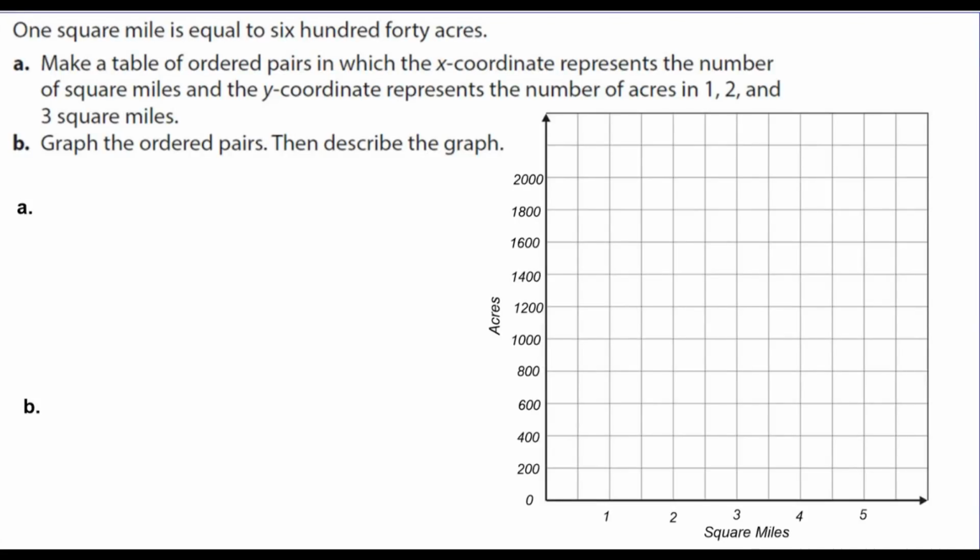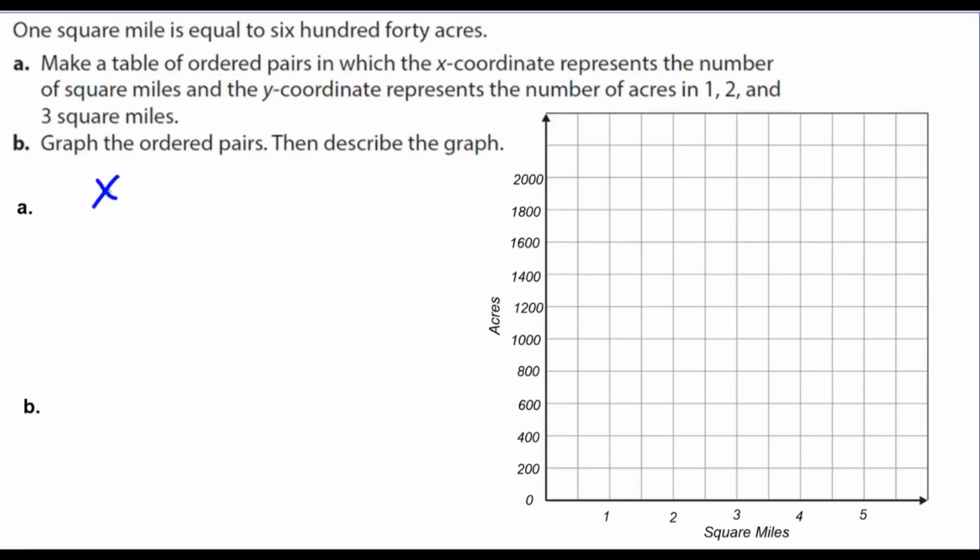Here we have a relationship between square miles and acres. It says 1 square mile is equal to 640 acres. And we're asked to make a table of ordered pairs in which the x-coordinate represents the number of square miles and the y-coordinate represents the number of acres in 1, 2, and 3 square miles.